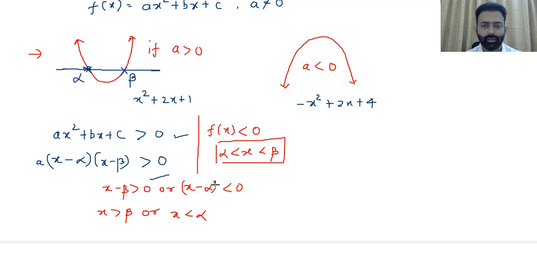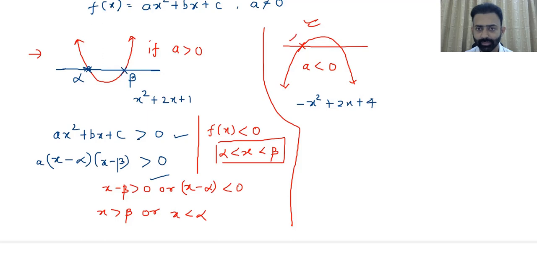Okay, but if a is negative, what about this scenario? What about when the quadratic function is an inverted U shape? If the same roots are alpha and beta, and I ask you for f(x) greater than 0, this time, as you can see, the function is positive between these two values of alpha and beta.